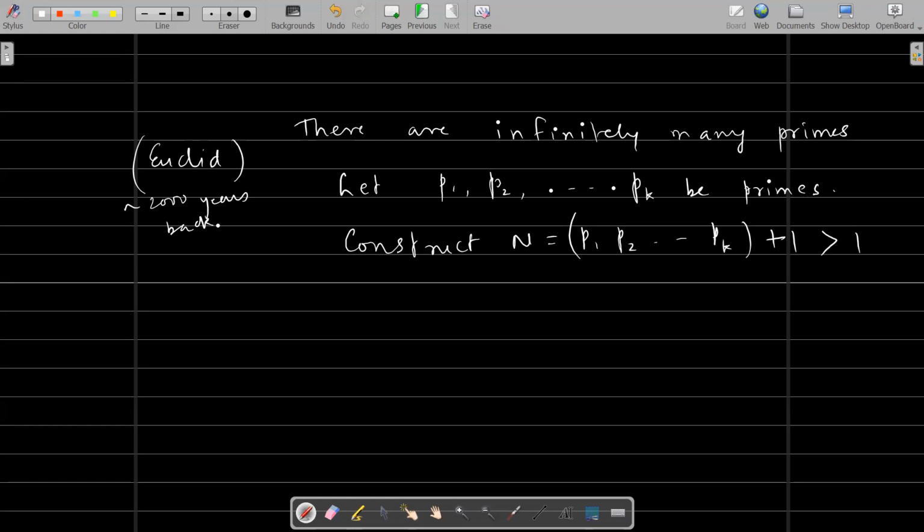And every n greater than 1 is either itself a prime or has some prime factor, right? So let P be a divisor of n.